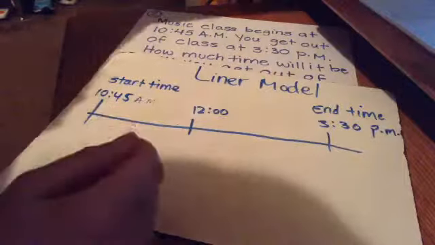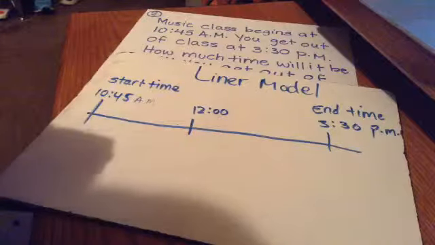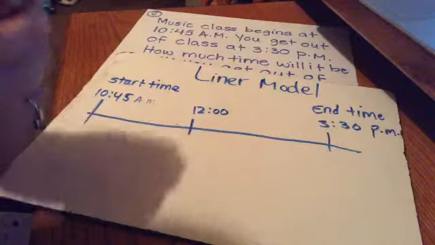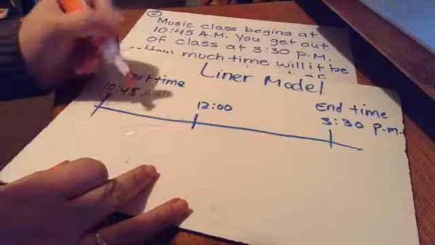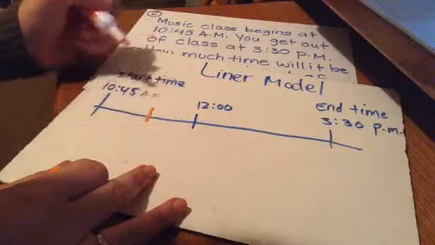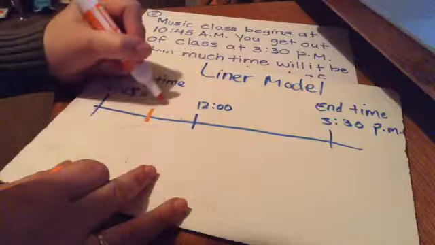So, with another color. The nearest hour to 10:45 is 11, right? How many minutes have passed from 10:45 to 11?